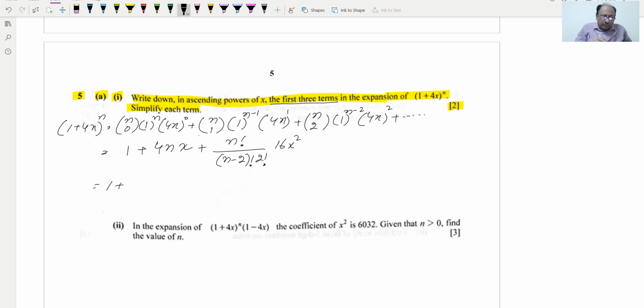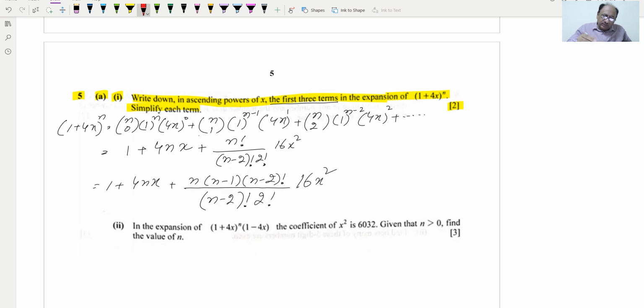So 1 plus 4nx, we can rewrite this factorial part, we can write it as n into (n minus 1) into (n minus 2) factorial. This n factorial we have written in this format, divided by (n minus 2) factorial and 2 factorial, and 16x square as it is.